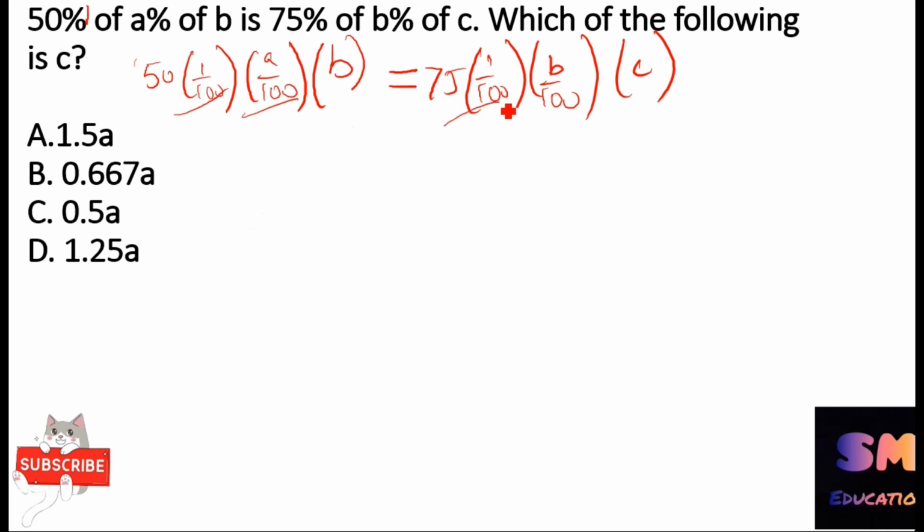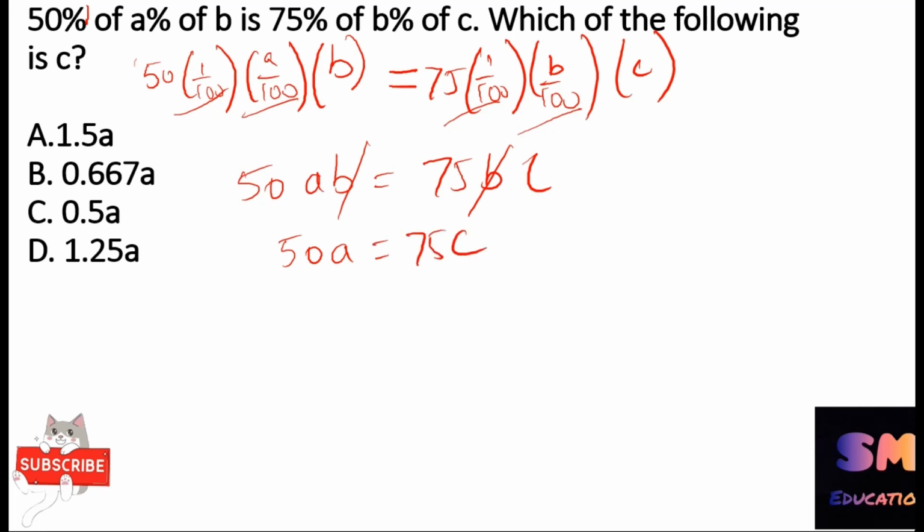All hundreds will be cancelled and remaining is 50AB, 75BC. B gets cancelled here. Remaining will be 50A equal to 75C. 5 tables, 5 tens, 5 15s, 5 twos, 5 threes. So 2A equal to 3C.